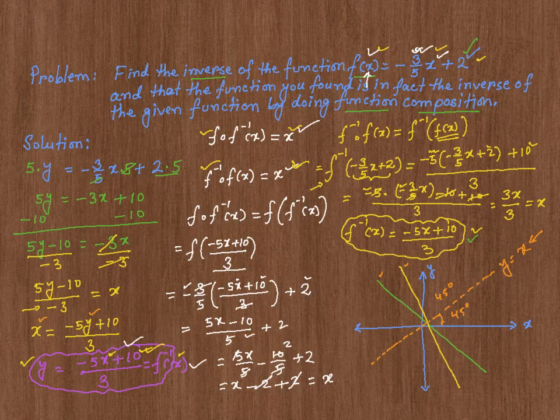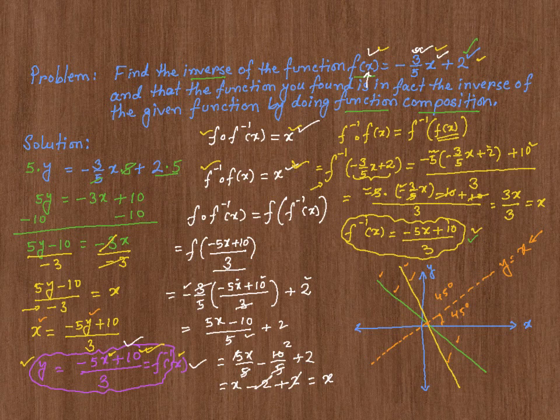So this is an important feature. You can see here that if you think of the line y is equal to x as a mirror, these two are the reflections of these two. That's the important feature that you want to keep in mind.